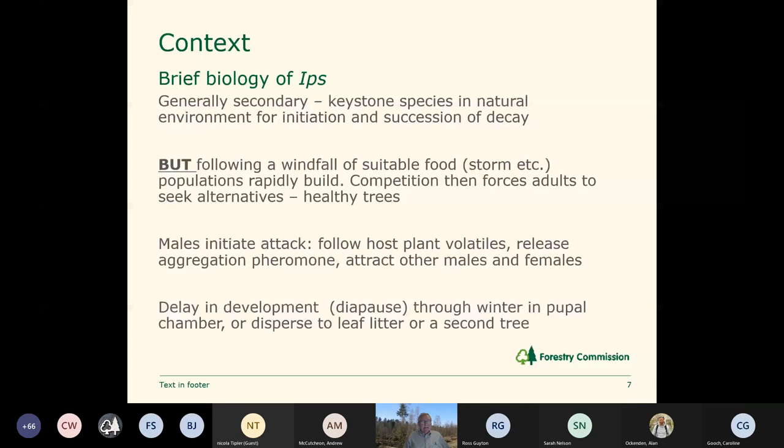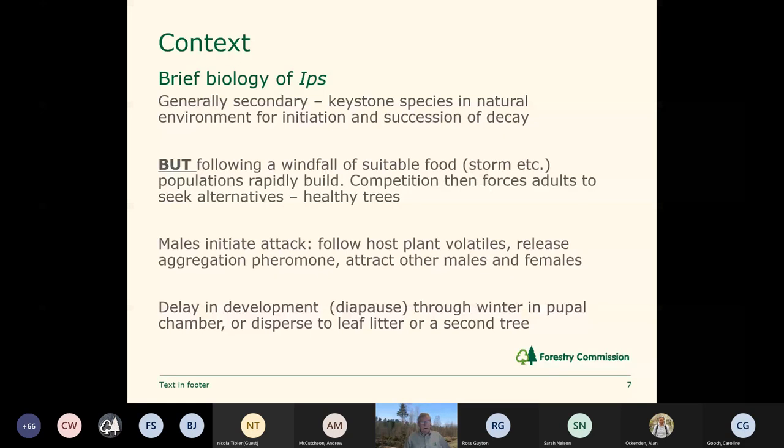There is a delay in the development through the winter, when the insect will go into a diapause, when whatever stage of development it's in, it goes into a stasis, either within the tree under the bark layer in the pupal chamber, or particularly into the leaf litter, or even into a second tree.